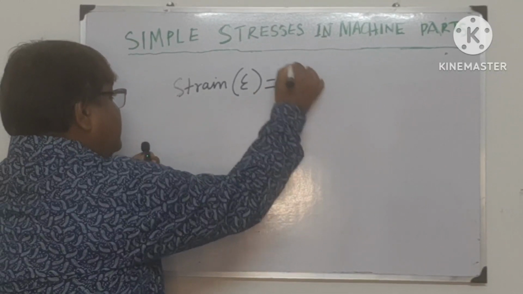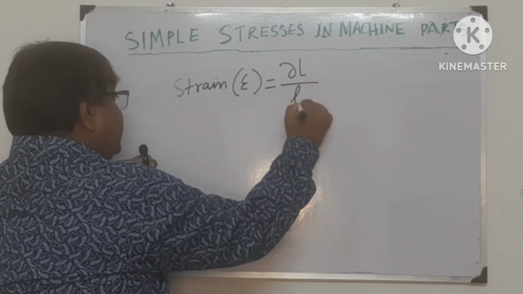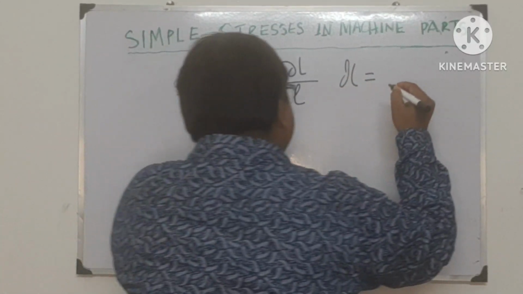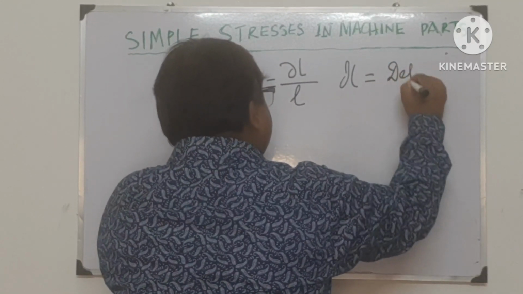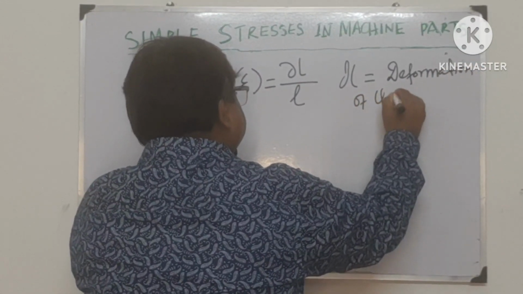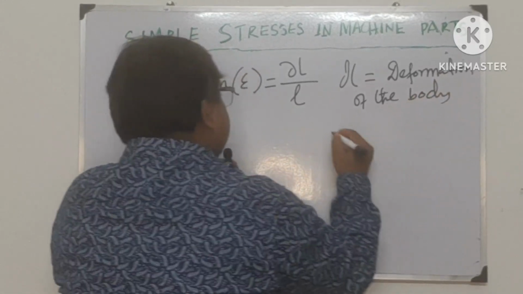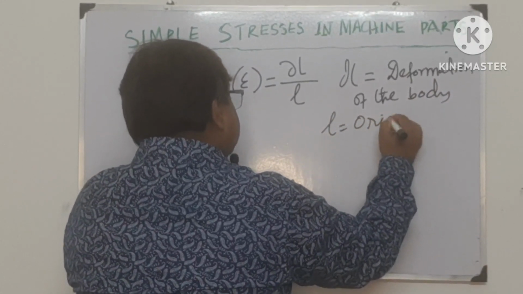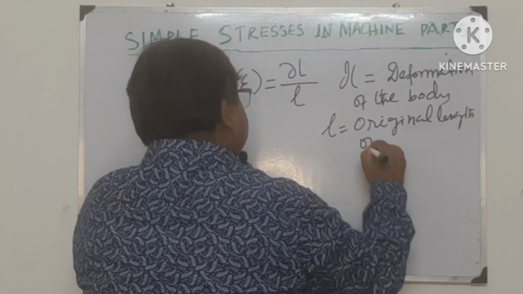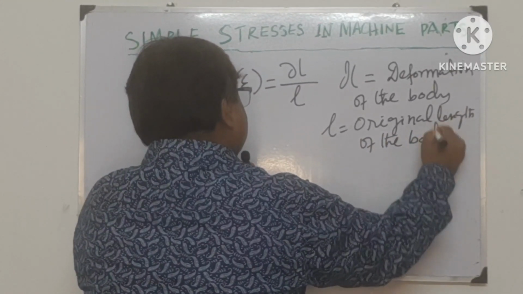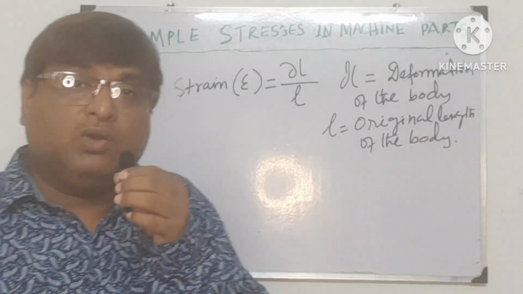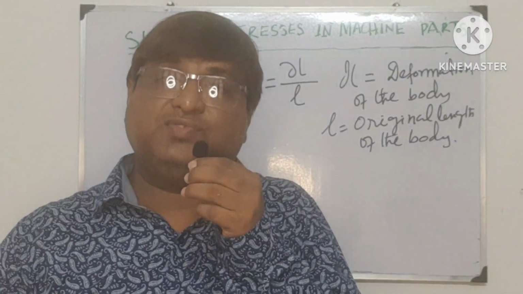So we can write strain is a ratio of delta L by L, where delta L is equal to deformation of the body and L is equal to original length of the body.